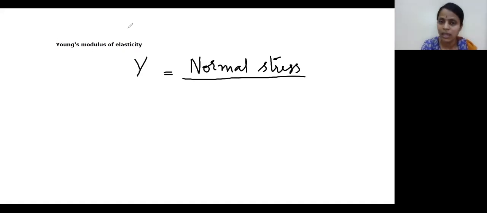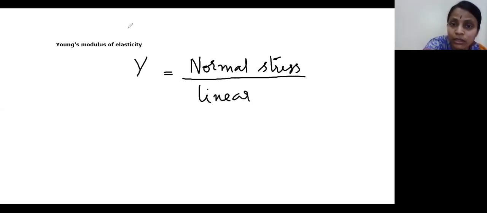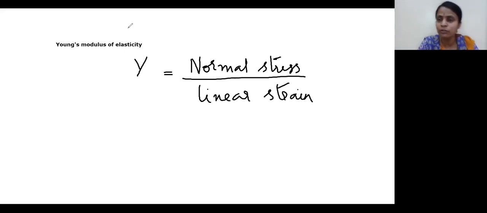All these are names of the same thing. So when I apply a normal stress, I can expect to have a linear strain. That is the strain that is going to increase the length of the body. For example, you have a cylindrical roll made out of atta, the play dough. If you stretch it, the force is applied perpendicular to the area of cross section, and when you stretch it, the length increases.